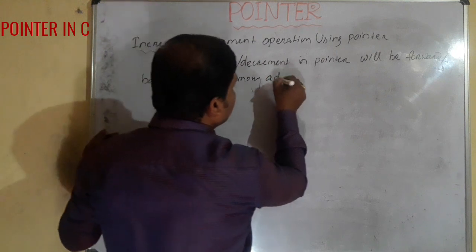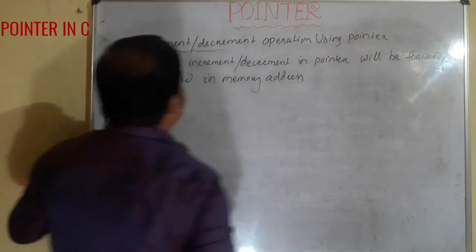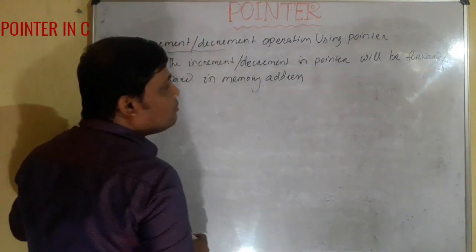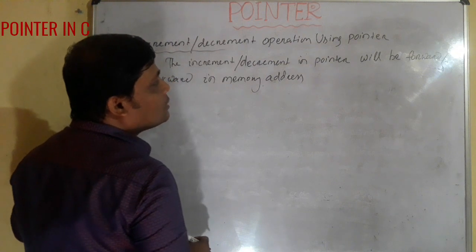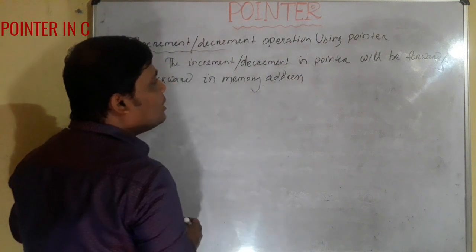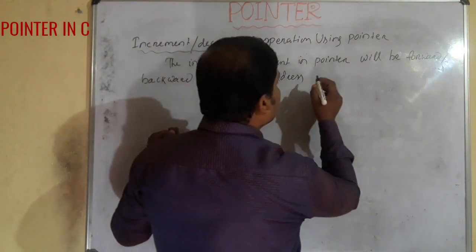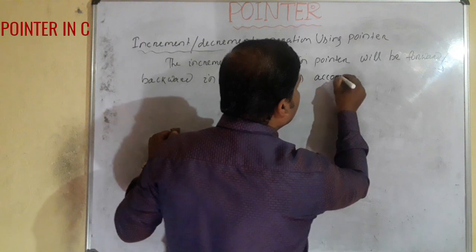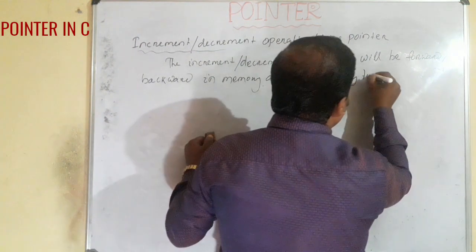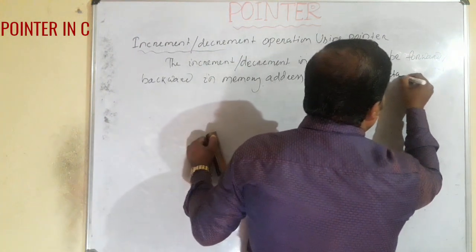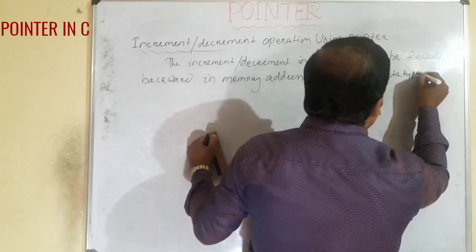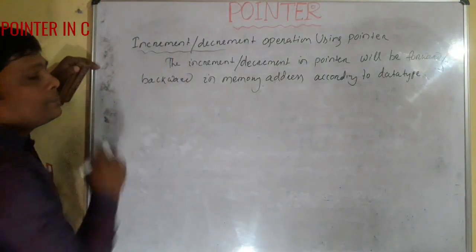The increment or decrement in pointer means the pointer will be what? Forward or backward in memory address according to data type. Means what?